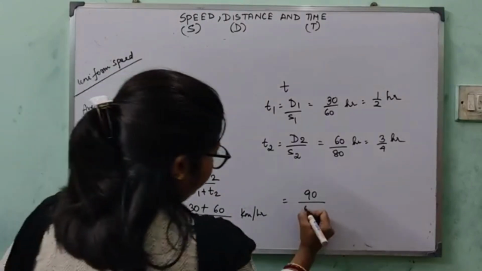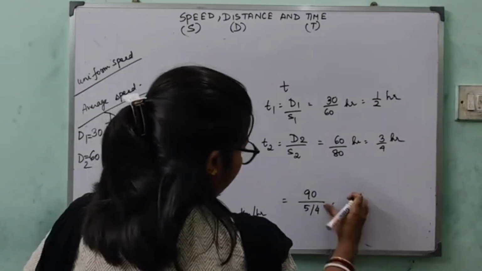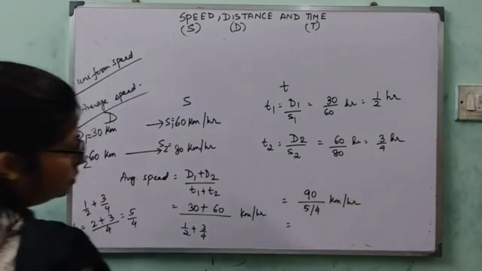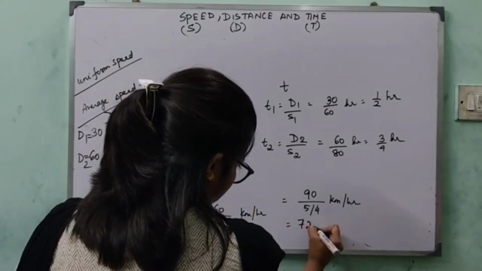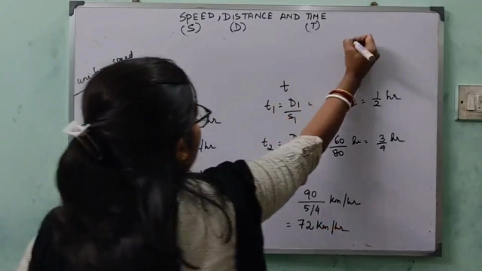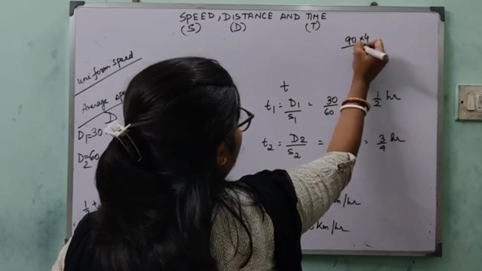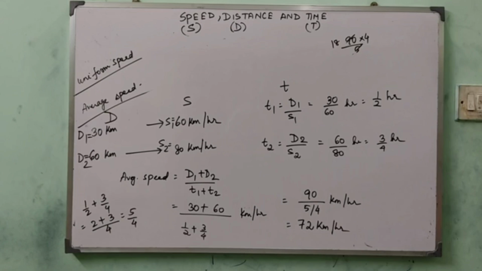So this is 5 by 4, that is your kilometer per hour, that is equal to 72 kilometer per hour. So the answer is 72 kilometer per hour.